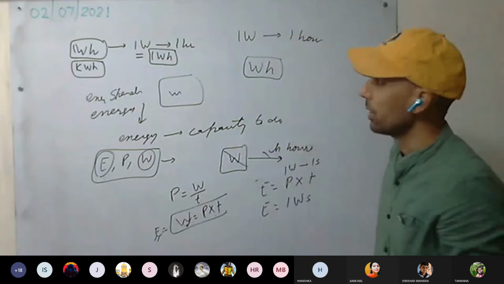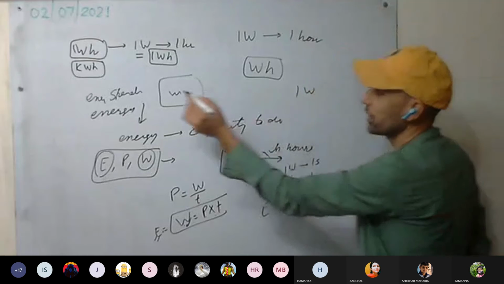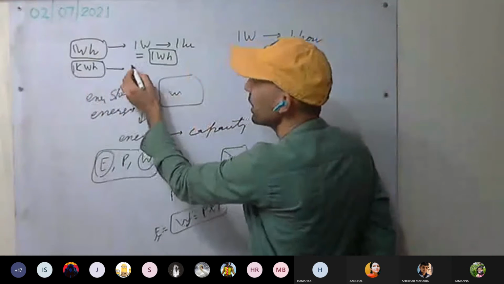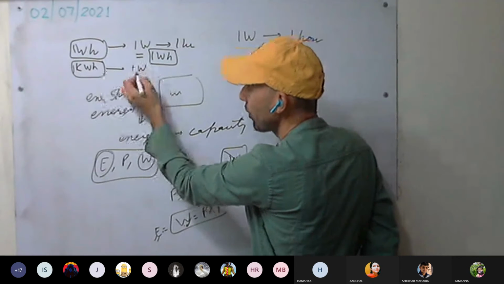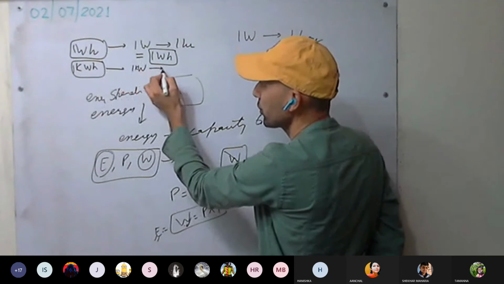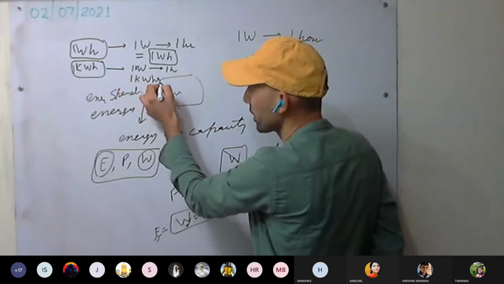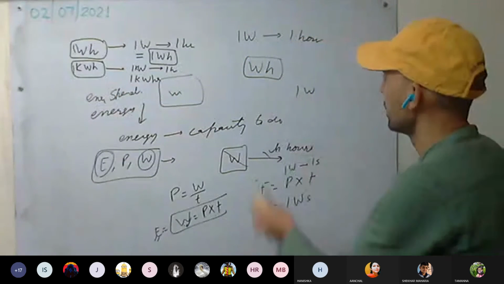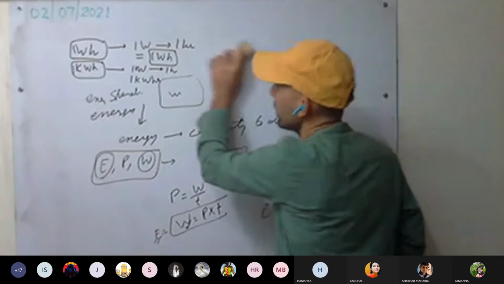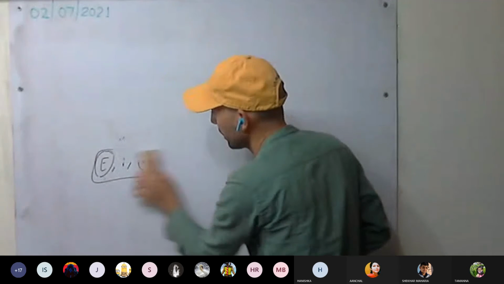If a body of power 1 kilowatt does work for 1 hour, the energy spent will be 1 kilowatt hour, kWh. This is clear?